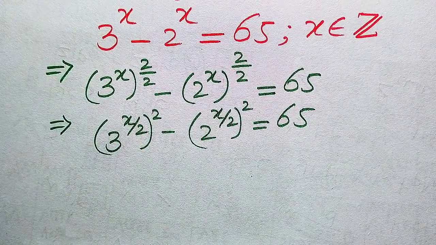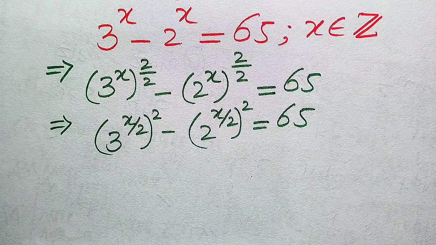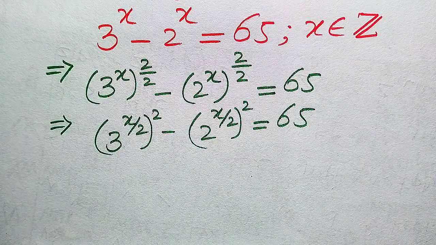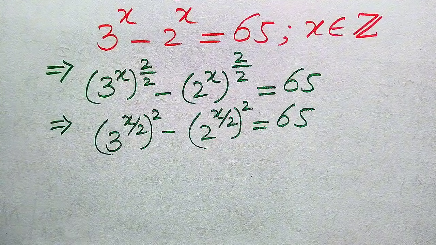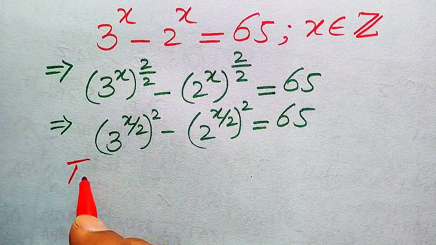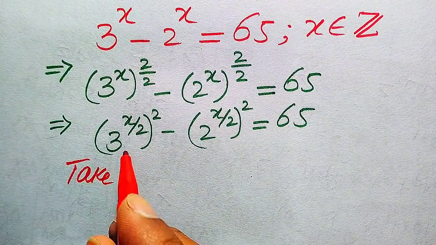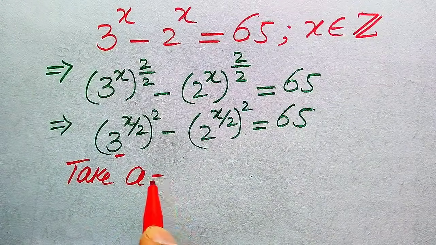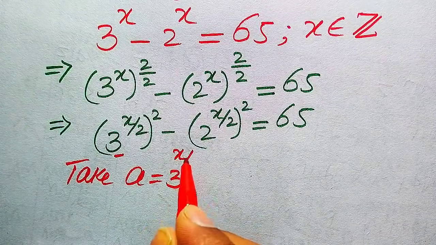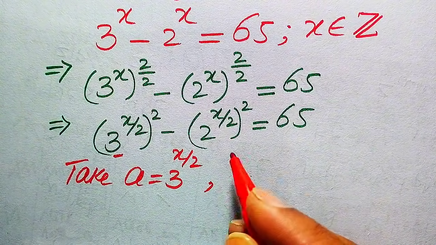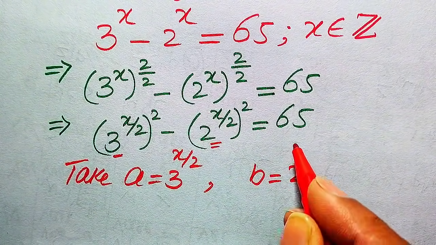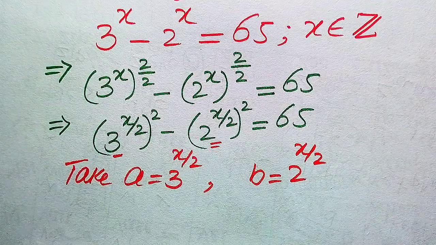And now here we need to convert this exponential equation into the polynomial or into the quadratic of two variables form, so here we just take the base of this term as a. We will take a is equal to 3 to the power of x over 2, and from here we take b is equal to 2 to the power of x over 2.